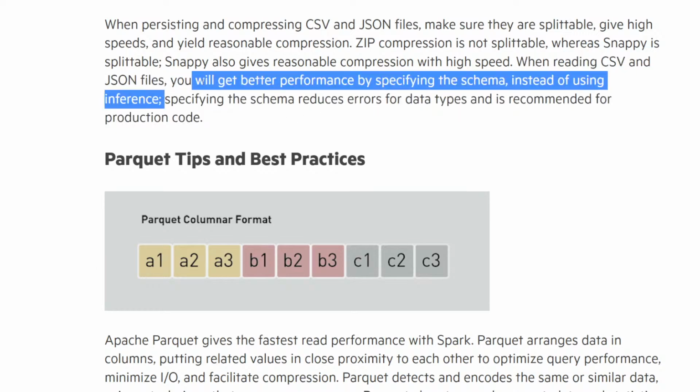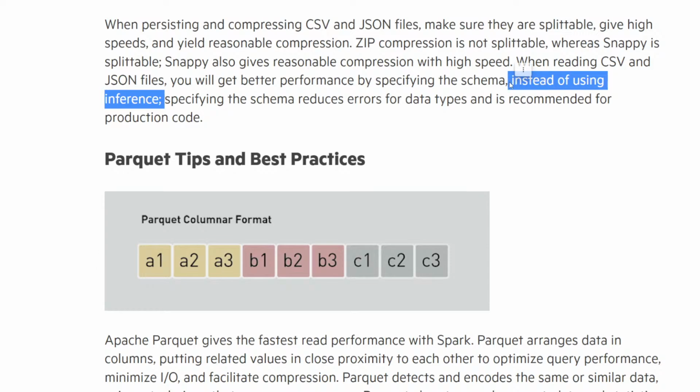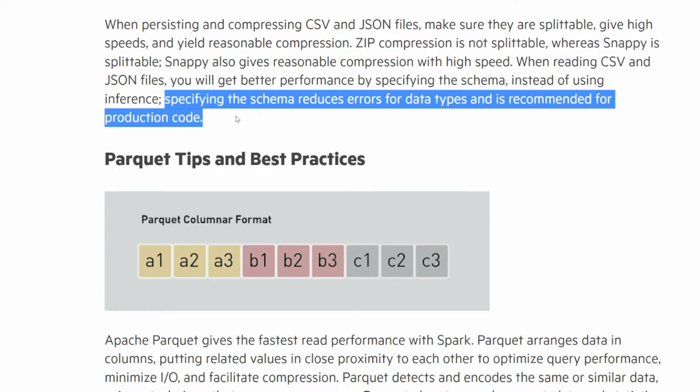If you use inference, that means it has to read the first record, understand what the schema is, infer the schema from that, and then use it to actually process the data frame. That would be much slower compared to specifying the schema earlier and then reading the JSON or CSV file. It also reduces data type errors, and is obviously recommended for production code.